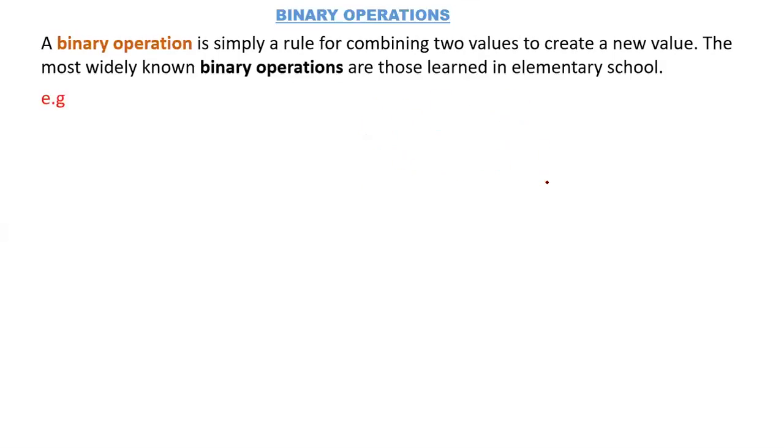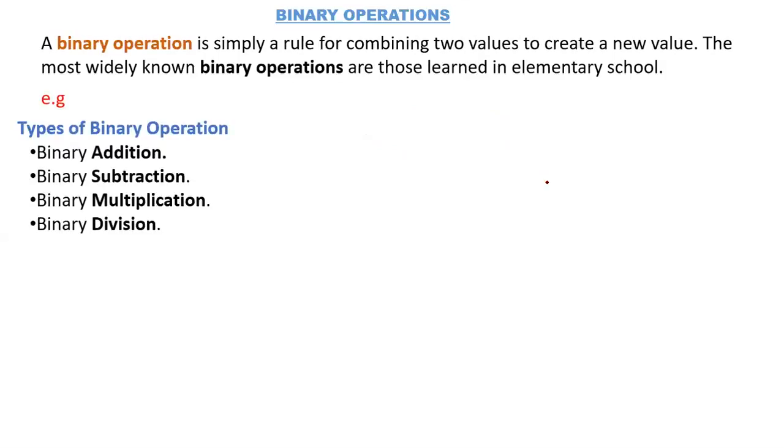Okay, so the examples of binary operations are these. They are also known as types of operations. We have addition, subtraction, multiplication and division. So these are the main important binary operations that we have, the types.